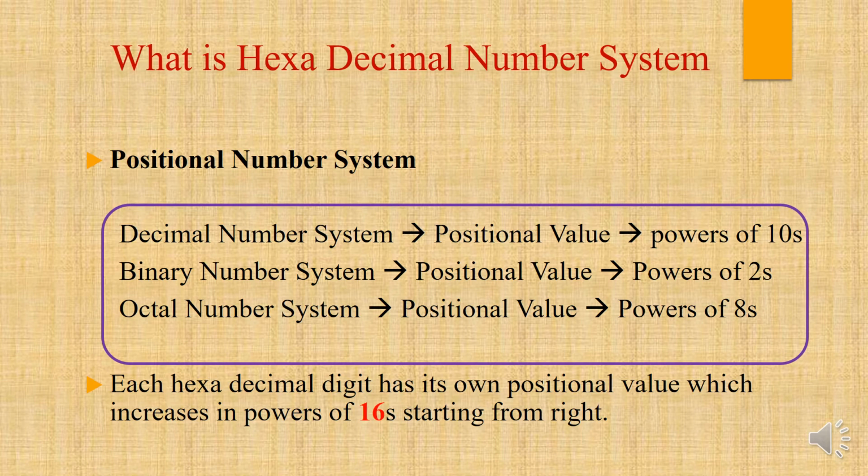And we will try to understand this with the help of one example. So here we are considering one example. We have a number A03, and this number is in hexadecimal format, okay.